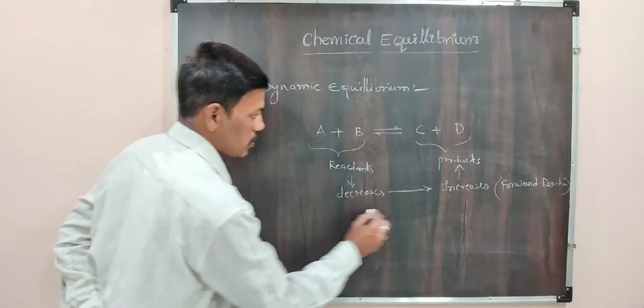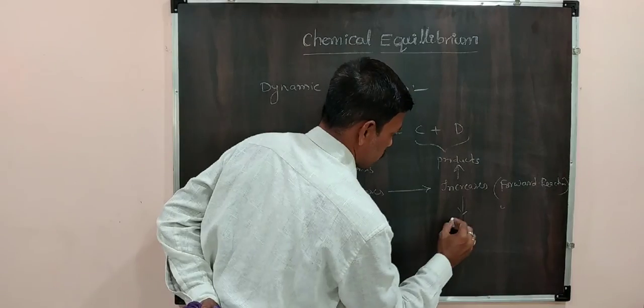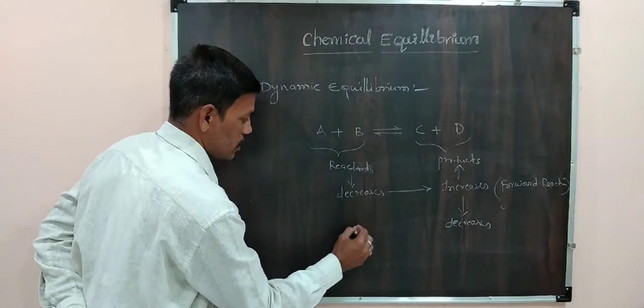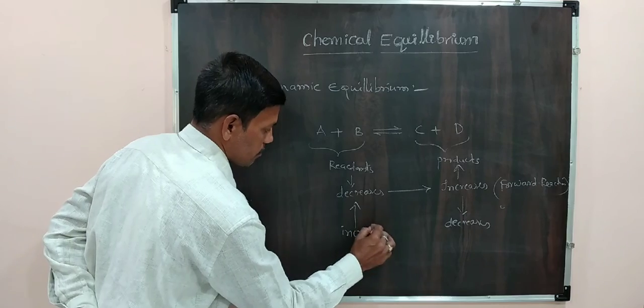Whereas in the backward reaction, product concentration decreases and reactant concentration increases.